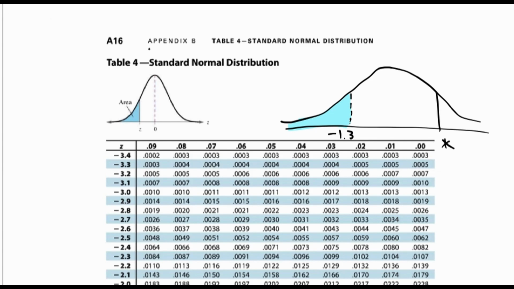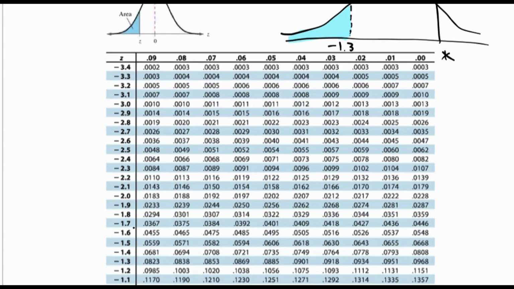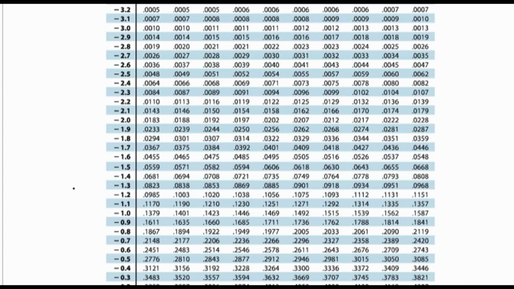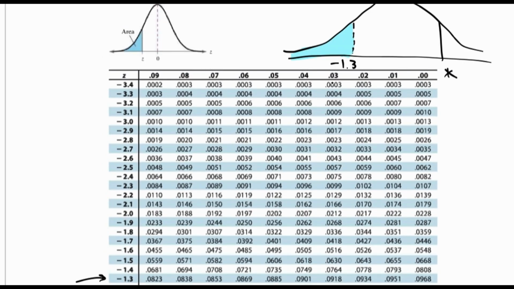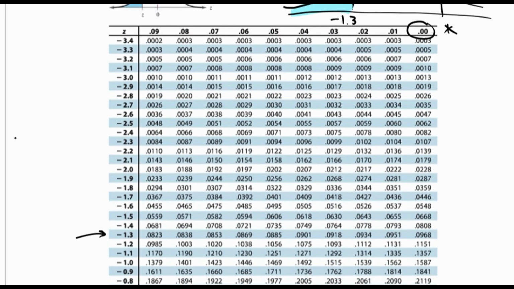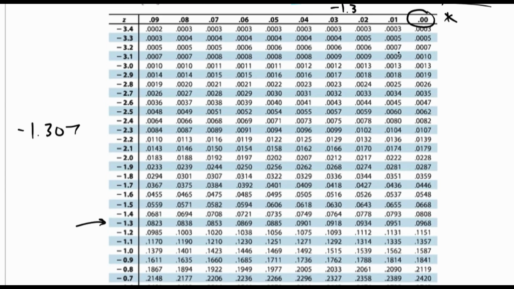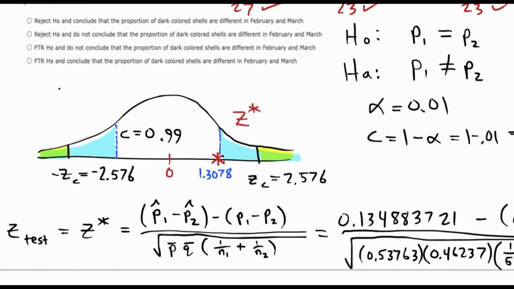Okay, so I'm going to look up negative 1.3 right here. 0.07. So we want this value here, 0.0968, and we'll just double it to get the p-value.